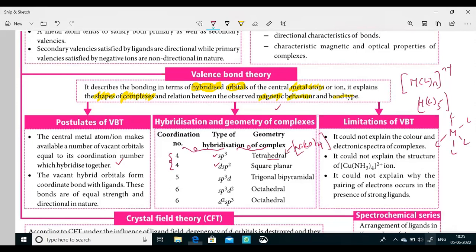Next, square planar. Square planar means the type of hybridization is dsp2. It also has coordination number 4.